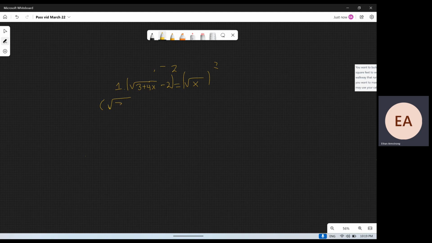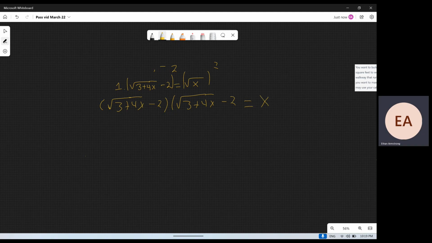So this is the same as saying 3 plus 4x minus 2 times the same thing, so 3 plus 4x minus 2, and that equals the square root of x squared, which would just be x.